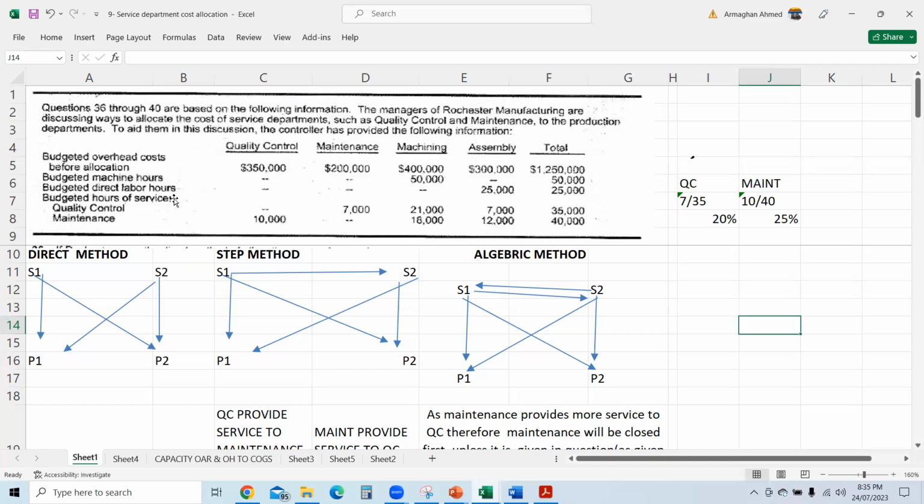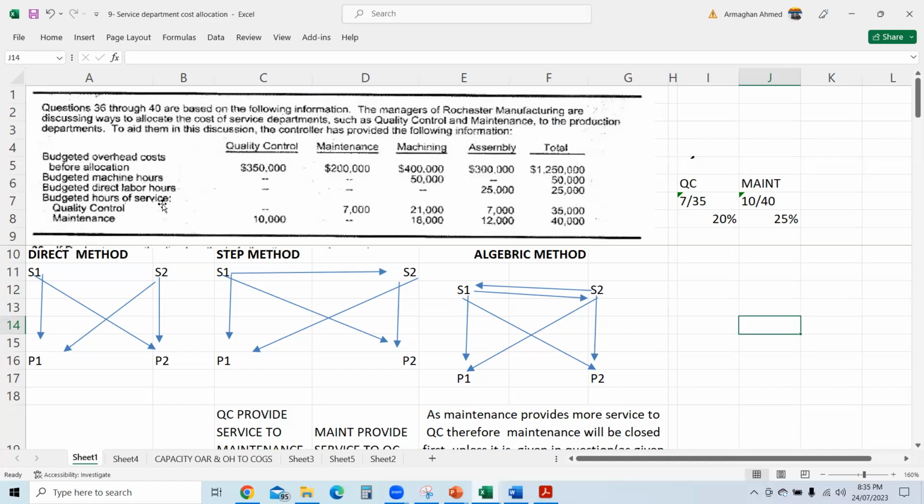Whereas budgeted direct labor hours, in assembly there is labor work, so labor hours are given for the assembly department. Fine. Now this point is important: how much service each department provides to each other. We can see the budgeted hours of service of the quality control department.